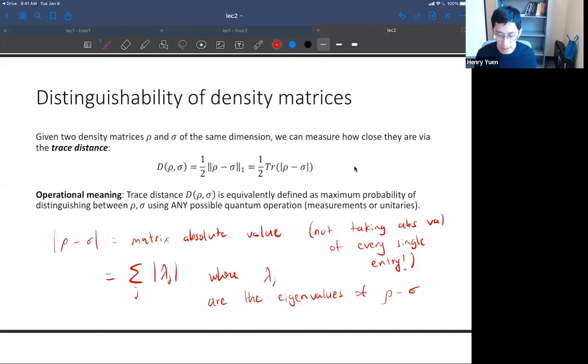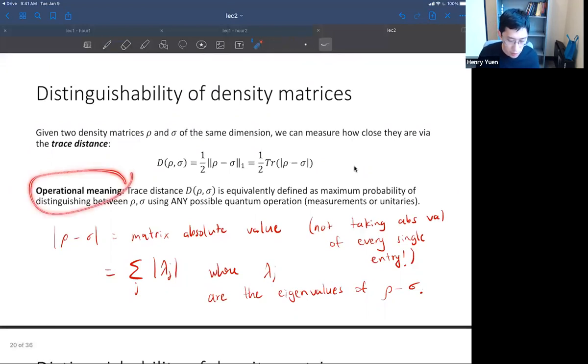So that's the abstract definition, and it's not always easy to calculate, because if you take the difference of these two density matrices, you get some other crazy matrix, and it's oftentimes difficult to compute what the eigenvalues are. But this is the formal definition. Really, the thing to keep in mind is this operational meaning.